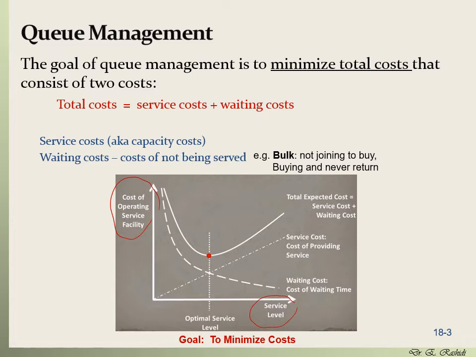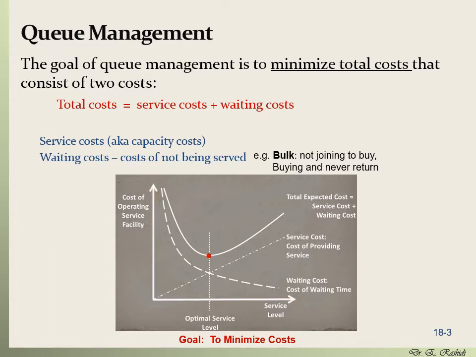The service level on the x-axis is the level of service or the capacity, and the cost of operating service is just the cost of the capacity of the service. For example, how much you have to pay the waitresses, waiters, bartenders or operators, whoever and whatever service it is. Having that level of service and facility would require cost. It would actually be costly.